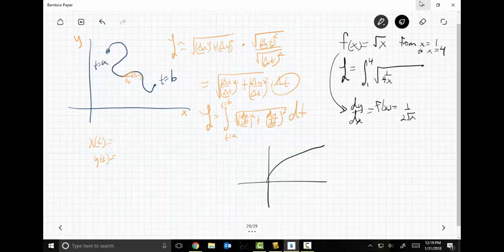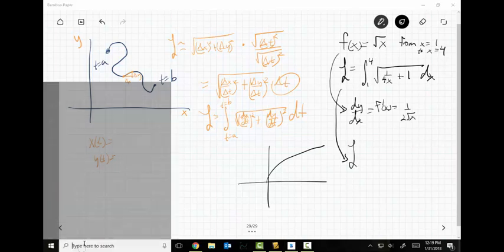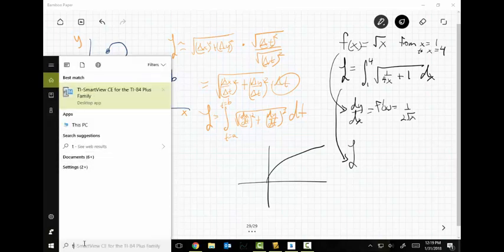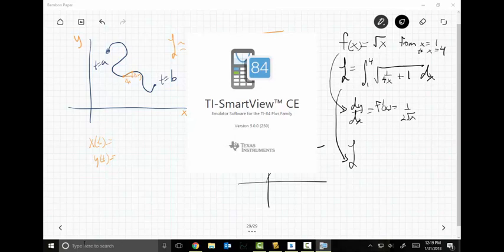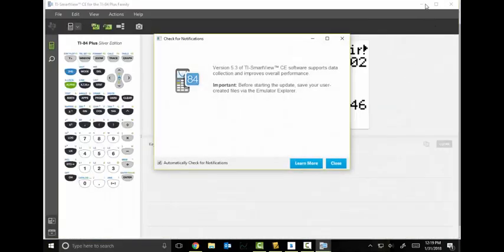Now, I got to warn you, 9 times out of 10, you're going to have to do some sort of substitution. You're going to have to be able to do these by hand. I'm going to cheat, and I'm actually going to use my TI SmartView because I don't want to push you. We already know how to do substitutions and use tables and all those.